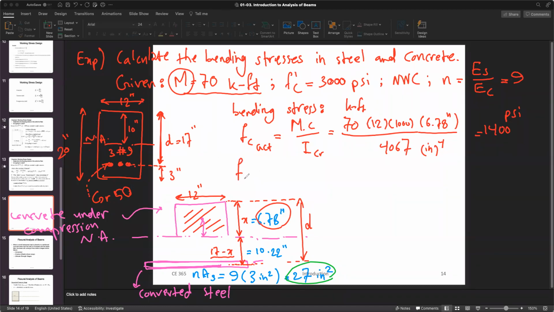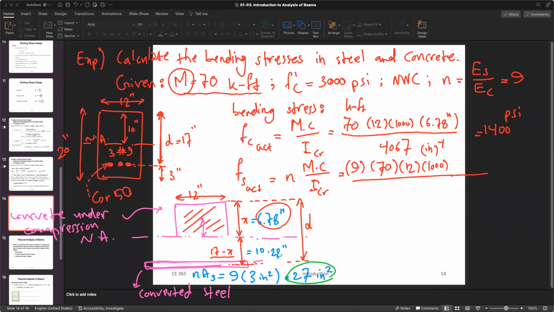Now let's look at your steel actual stress. We can find it using this formula. Remember that n M c over I cracked. It would be equal to, so the n is number 9, correct? The applied moment, 70 kip-foot, again multiplied by 12, multiplied by 1,000 to make it kip-inches.